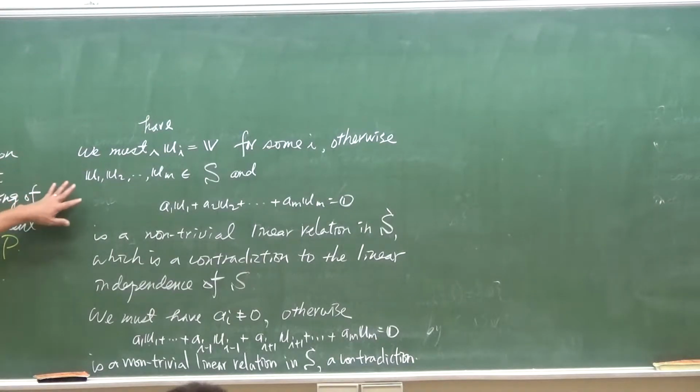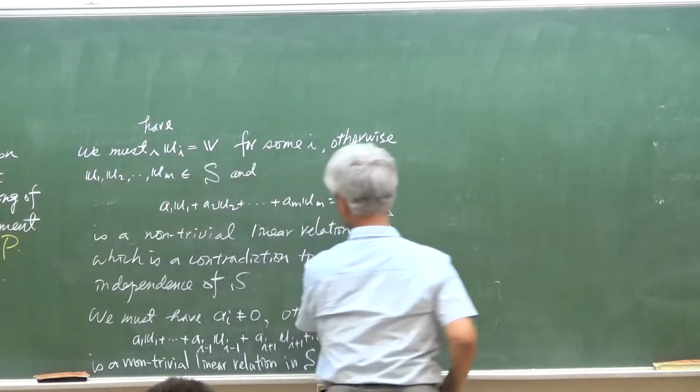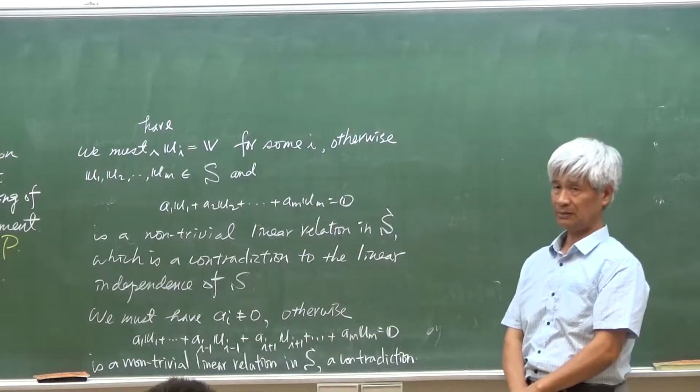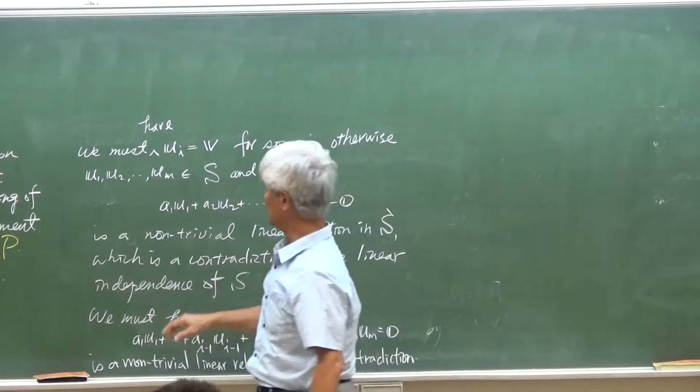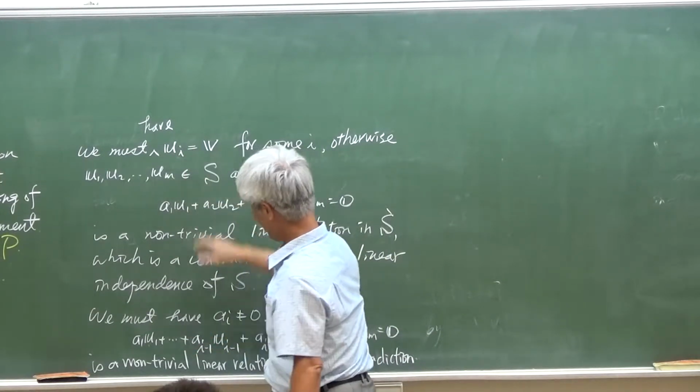First of all, we know v should appear here. If we have such a non-trivial linear relation, then v should appear here. If not, then all these elements are from S, and then this would be a non-trivial linear relation in S, which is a contradiction. The second thing is that we know ui is equal to v, right?